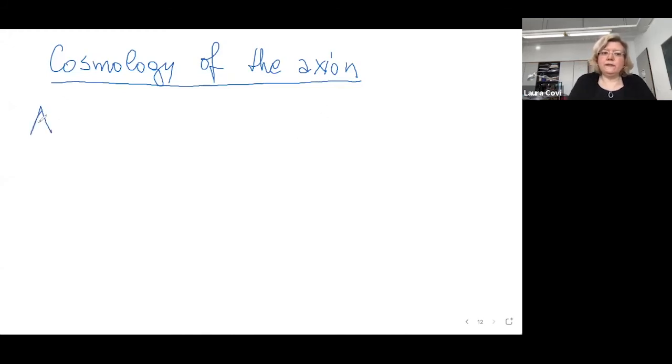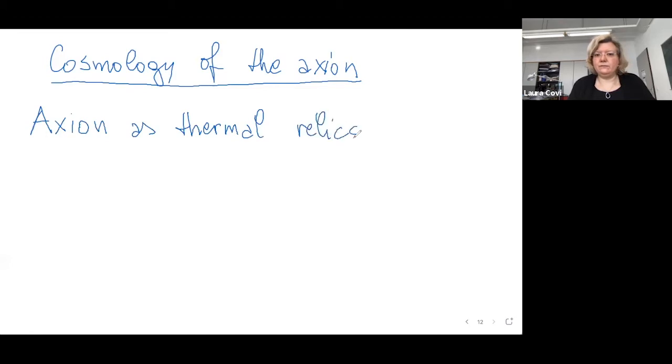This is what we discussed yesterday and the previous days, for example, for the WIMPs. Well, the axion generically couples to everything with this 1 over Fa coupling, so of course it can be produced by scatterings.